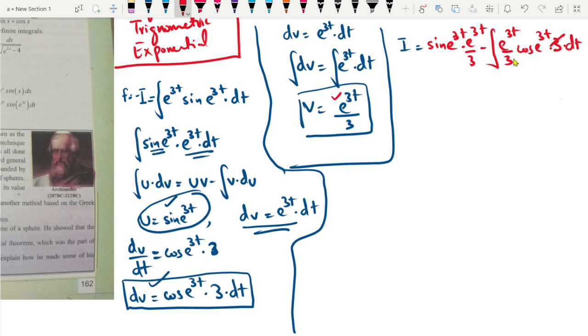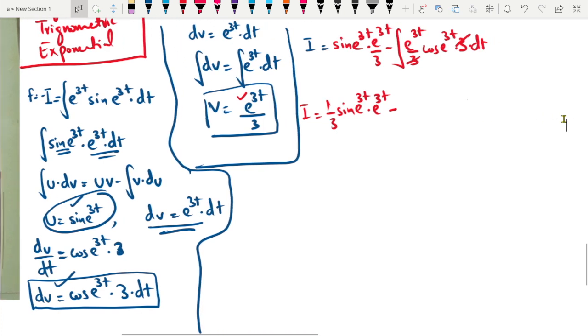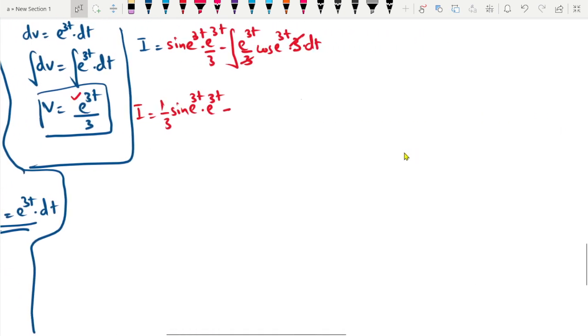So this 3 cancels with this 3. So I is equal to 1 over 3 sine of e^3t times e^3t minus the integral of cos of e^3t times e^3t dt.